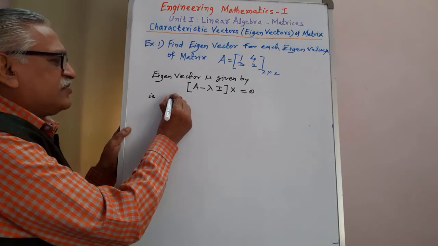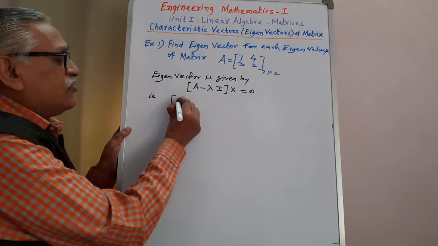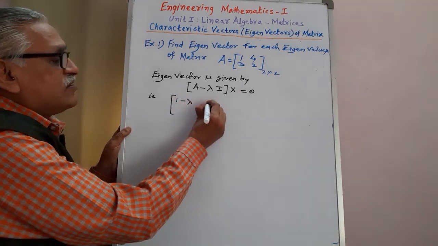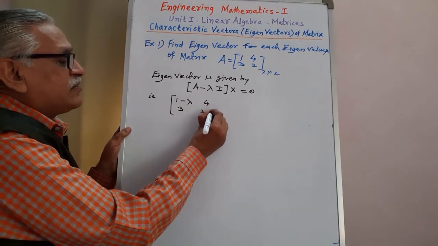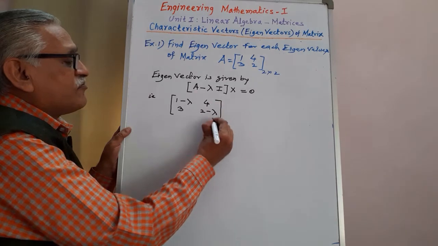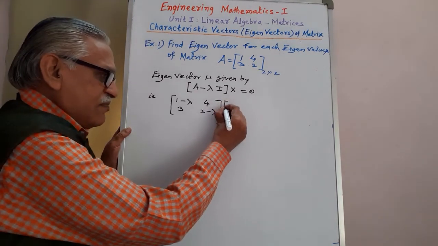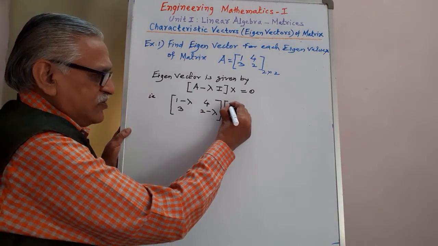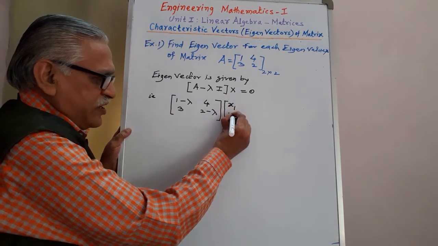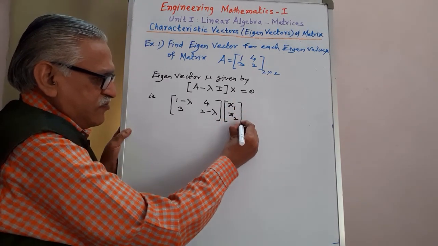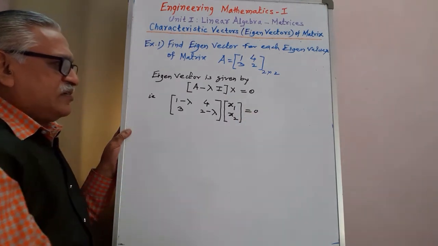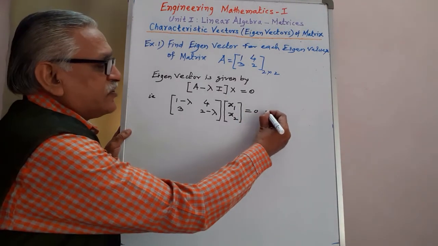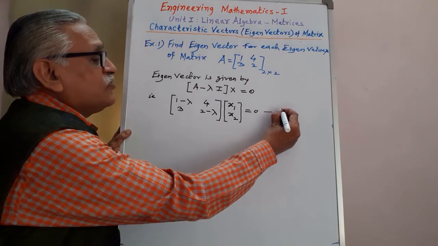Therefore, that matrix is the matrix of 1 minus lambda, 4, 3 and 2 minus lambda, into the column matrix of unknowns x1, x2, and equals 0. We call this equation number 2.